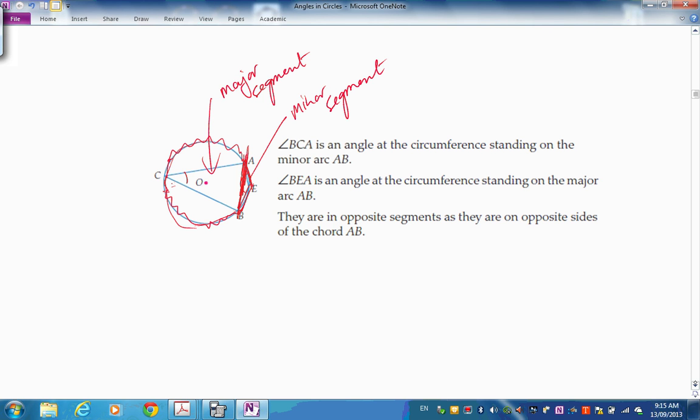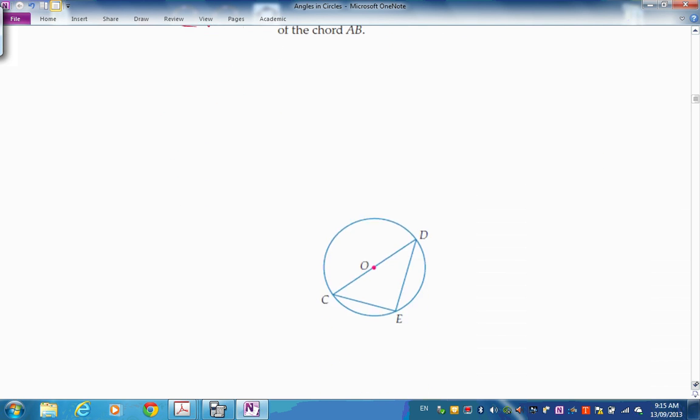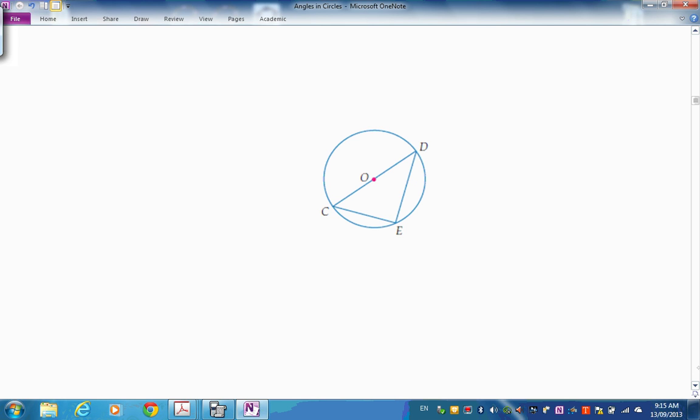All right, let's keep going. It's going to get into some interesting stuff soon. So here's a special chord. It is the diameter. And this diameter, because it's going through the centre, it's a chord because you're joining 2 points on the circumference, but it's a special one.